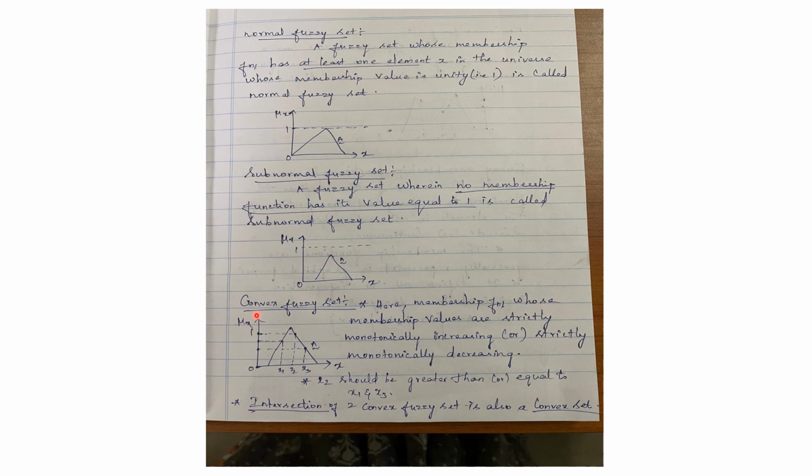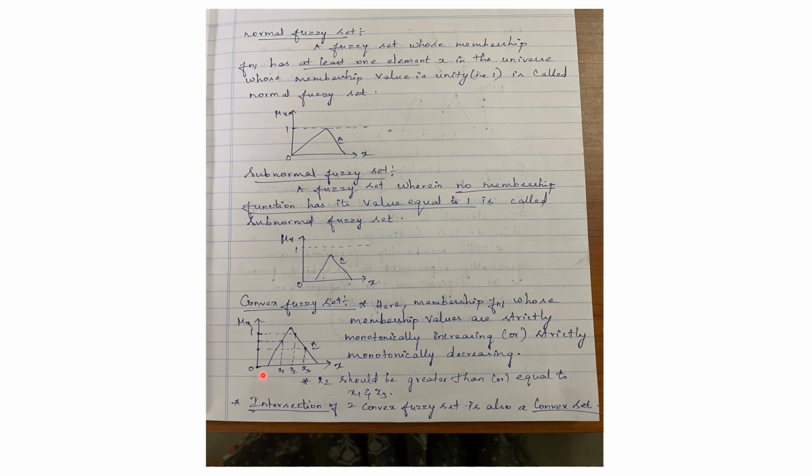Then the third type is convex fuzzy set. Here it is a bit different, not like normal and subnormal fuzzy sets. Here the concept is that the membership function has to be strictly increasing, or it should be decreasing.